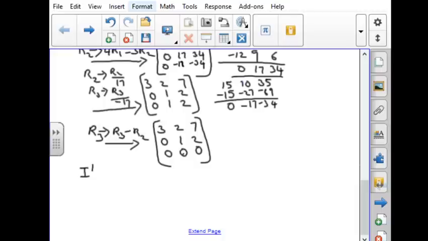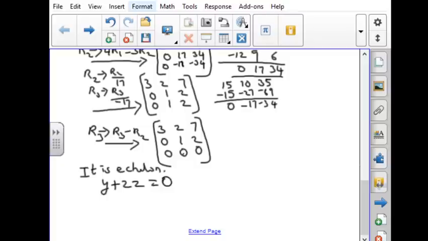Now you see we get a triangular form, that is, it is in echelon form, so we have to find the solution now. From the second row, since the last row is all 0, we take y plus 2z is equal to 0.